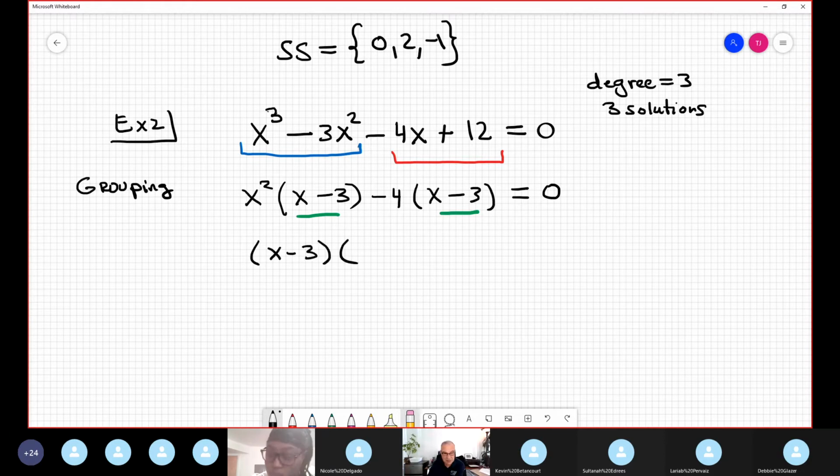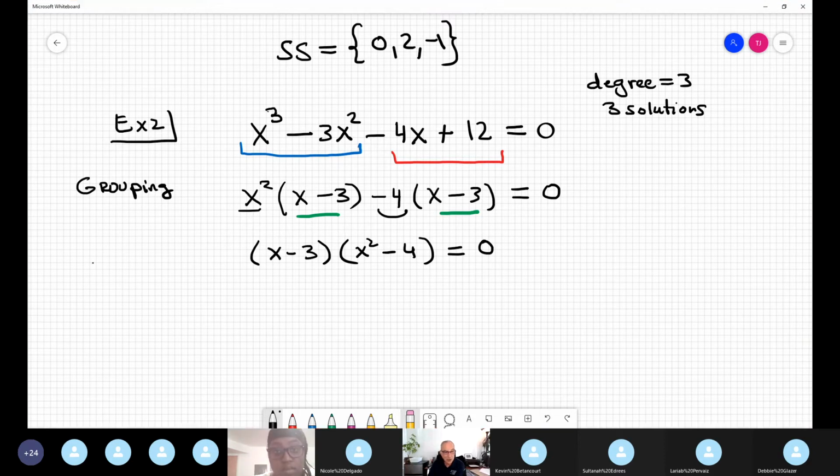Open the last parenthesis. Inside it, I copy this and this. Okay, this comes here, and this comes here. Makes sense, right? I finished the factorization.